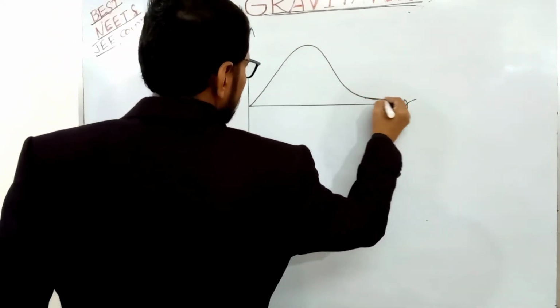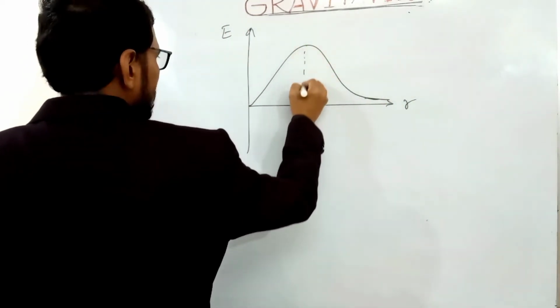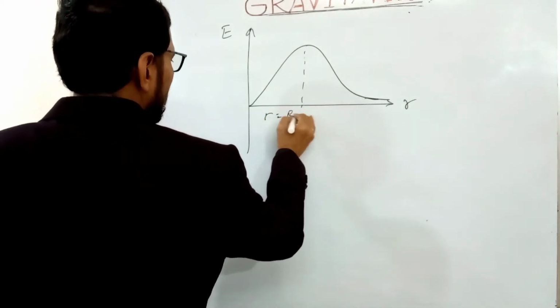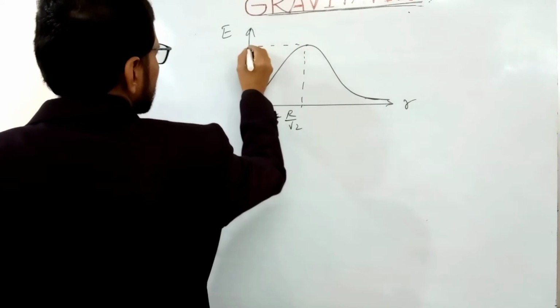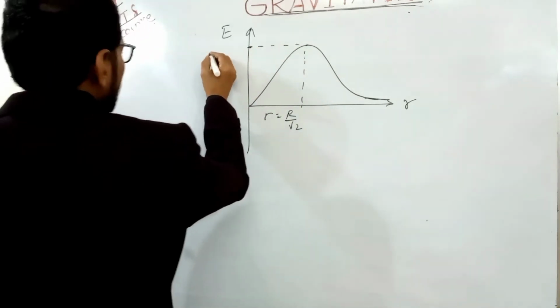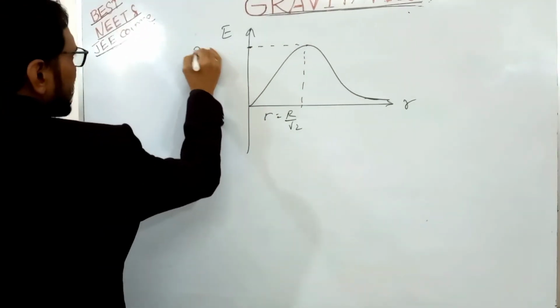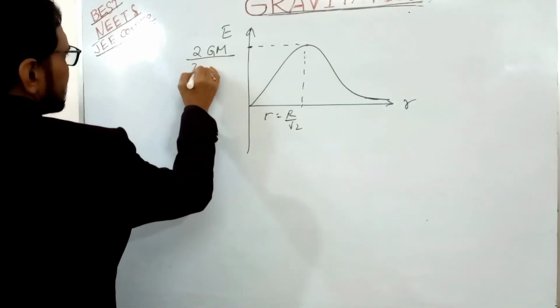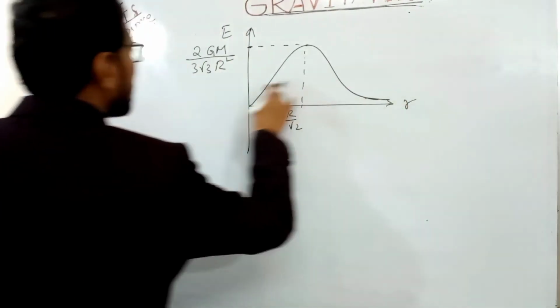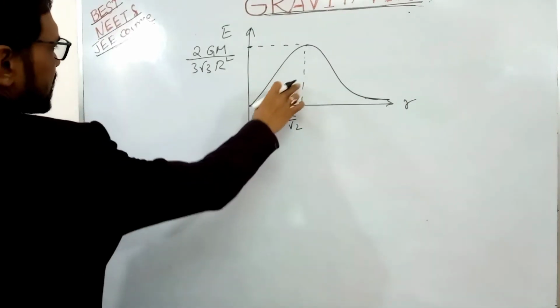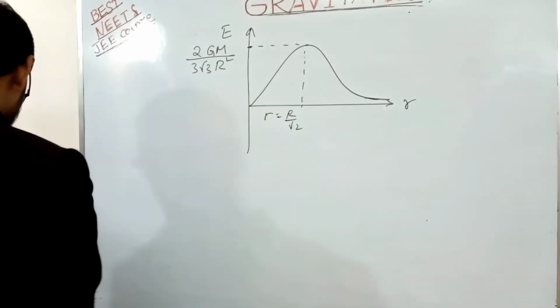Here r equals r by root 2 is the maximum value of gravitational field, which is 2GM by 3 root 3 r square. This is the graph of gravitational field on the axis of the ring.